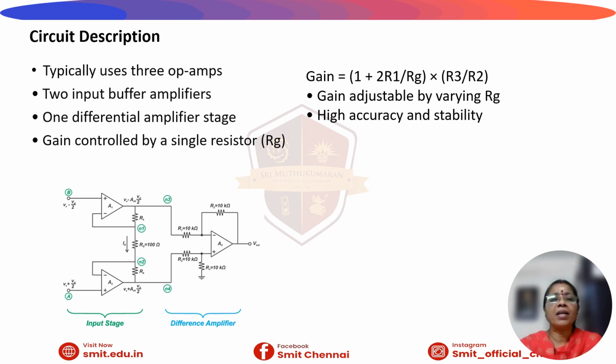The gain is given as 1 plus 2R1 by Rg, which is connected across the two amplifiers A1 and A2, into R3 by R2. The gain is adjustable by varying Rg, and high accuracy and stability is maintained in this instrumentation amplifier.